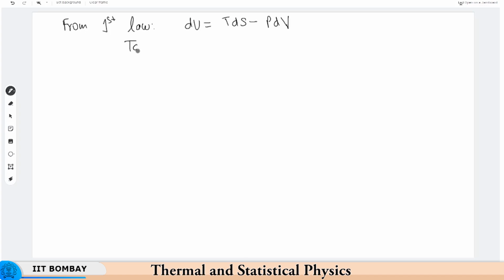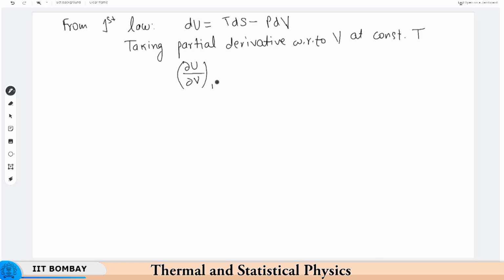So, taking the partial derivative with respect to volume at constant T, this becomes del U by del V at constant T equals T times del S by del V at constant temperature minus P.